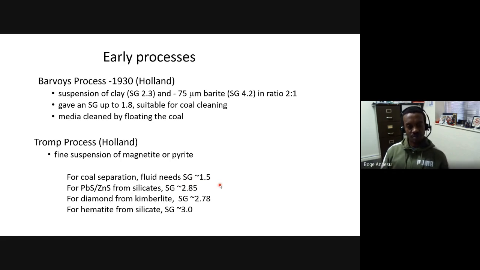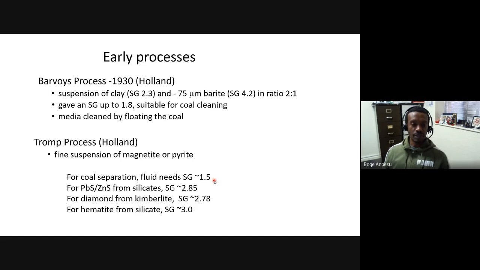Coal has a specific gravity of maybe around 1.1, but the silicate material has a specific gravity of more than 2.5, 2.6. So it's denser. So you have dense impurity and light coal. If you then use a specific gravity of 1.5 for the media, then the coal floats and the impurity sinks.